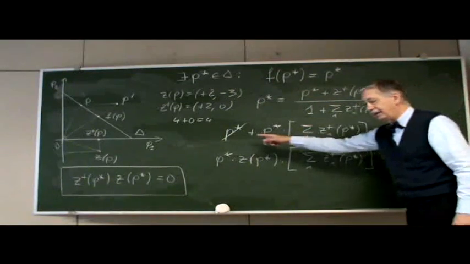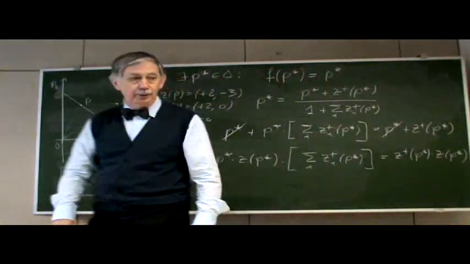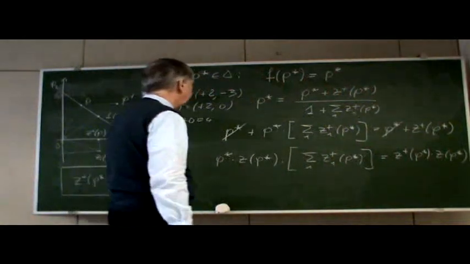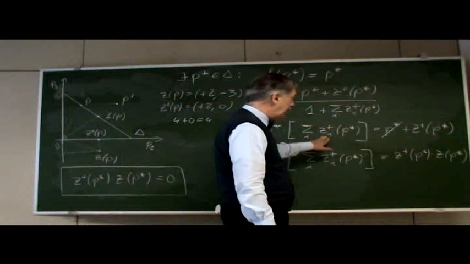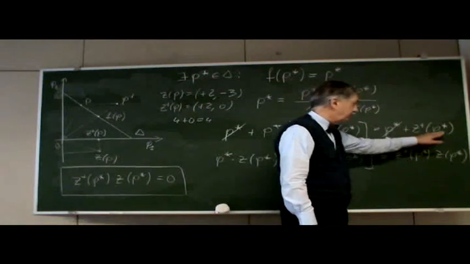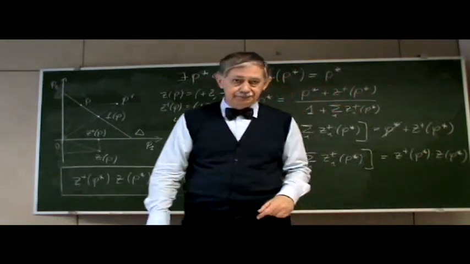P star and P star can be simplified, and you obtain in the end this equality. P star times this scalar is equal to Z plus of P star. This is a vector equality.